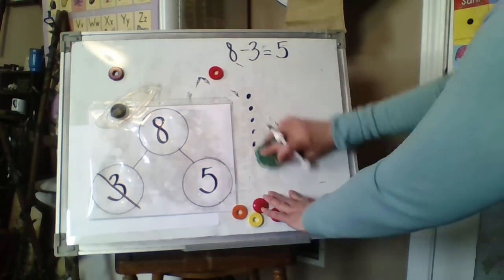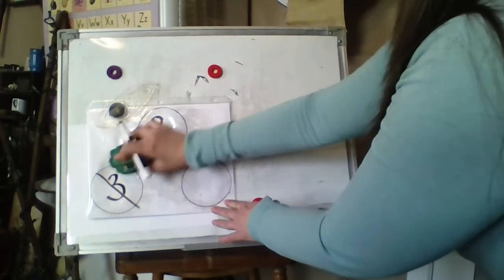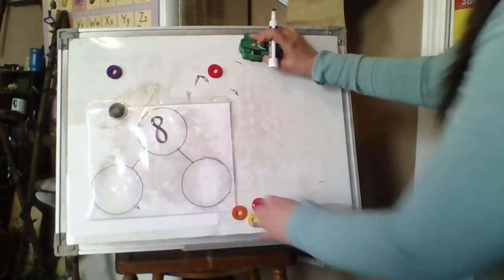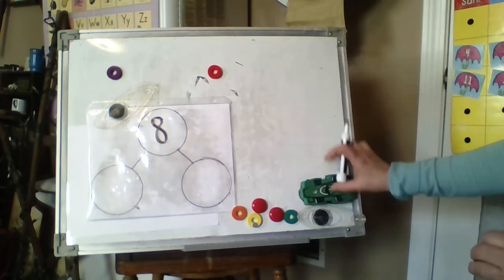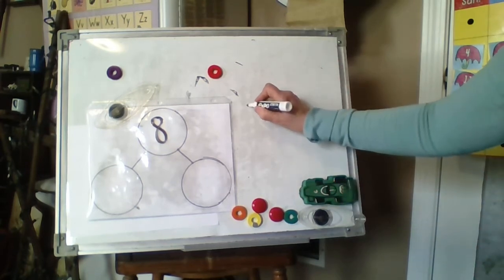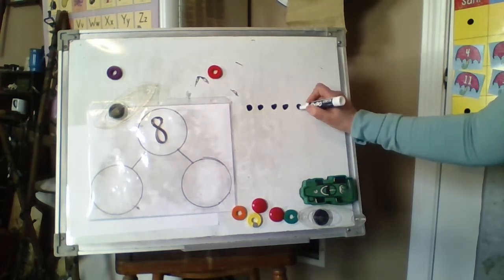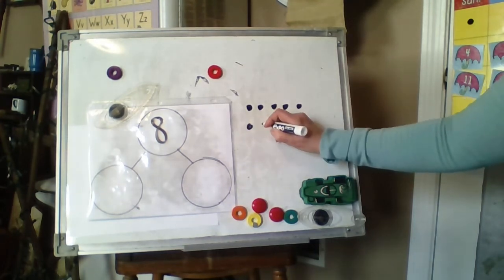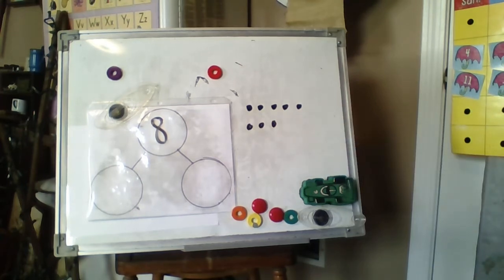Let's do another one together, okay? Going to erase the board, except I'm going to leave that 8 up there. So if I were to draw the 8 dots, let's do it this way. 1, 2, 3, 4, 5 on the top and 3 on the bottom, because 5 and 3 make 8. But let's not do it that way this time.